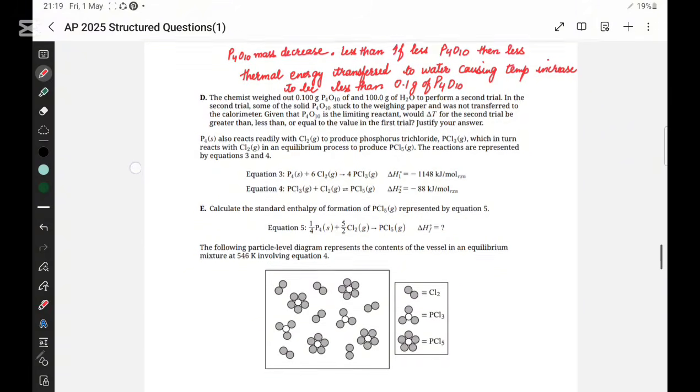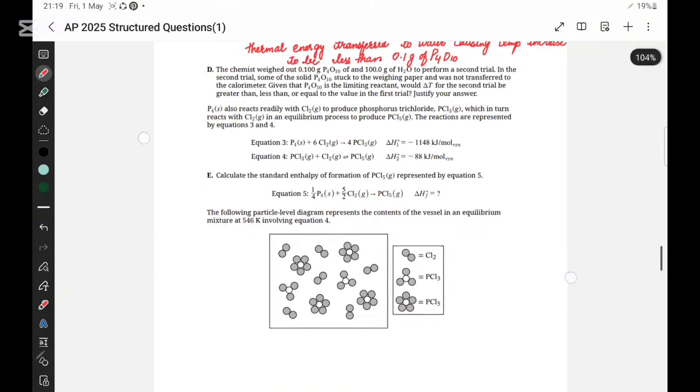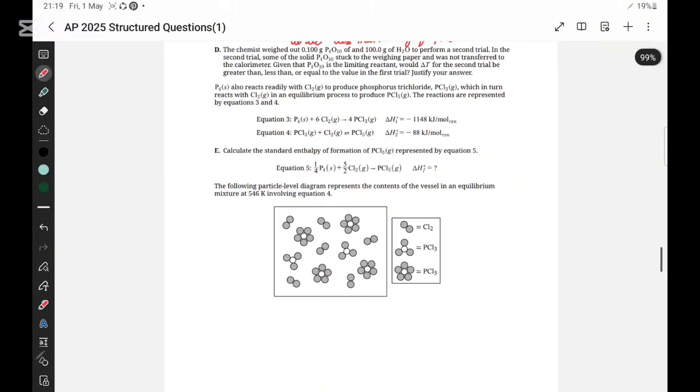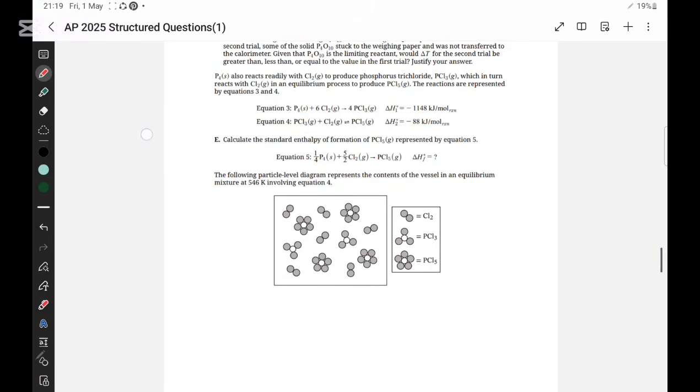For the next question, P4 also reacts readily with Cl2 to form phosphorus trichloride, which in turn reacts with Cl2. They are asking to calculate the standard enthalpy of formation of PCl5 by equation 5.